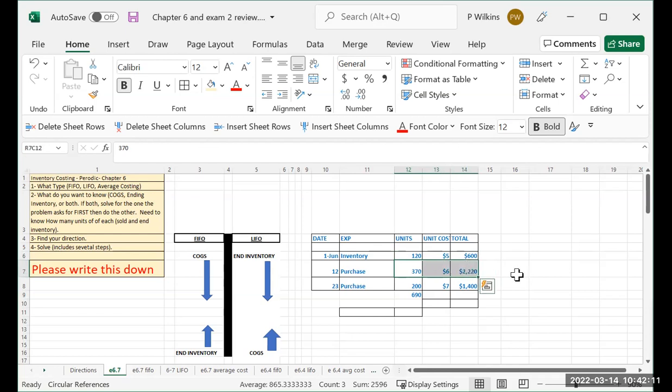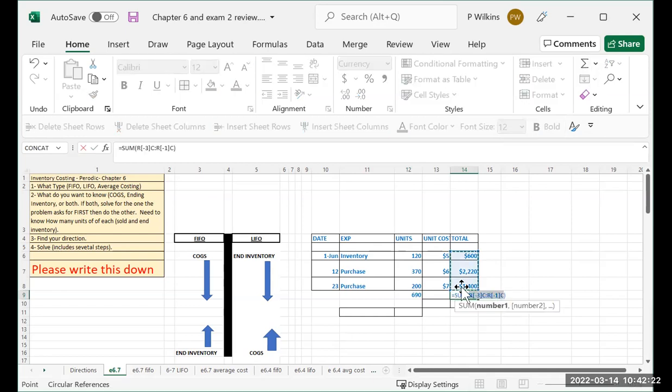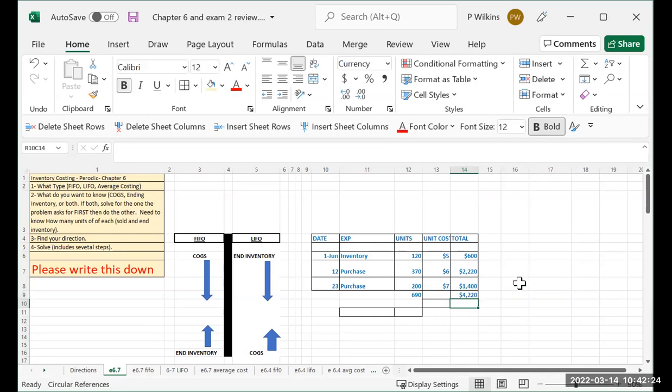We had 370 units at $6 each for $2,220. And we had 200 units at $7 each for $1,400. So now we're going to add up the 600, the 2,220, and the 1,400. So the total number of units available for sale, 690, cost $4,220. So the cost of goods available for sale was $4,220. Okay, so now we know the cost of goods available for sale.